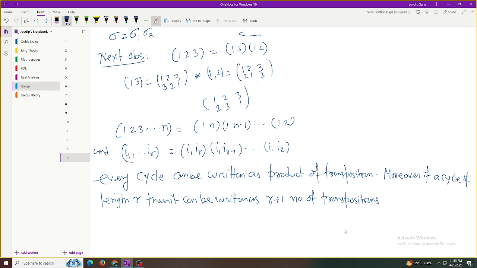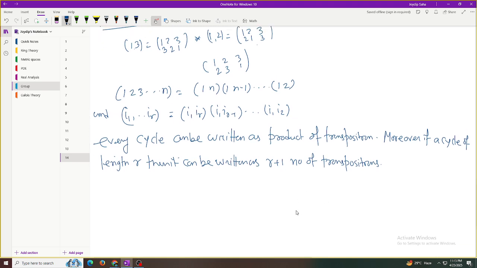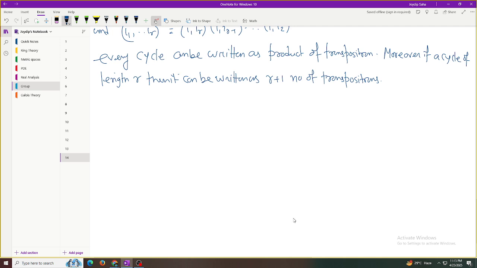If r is odd, then it is even transposition. Okay.